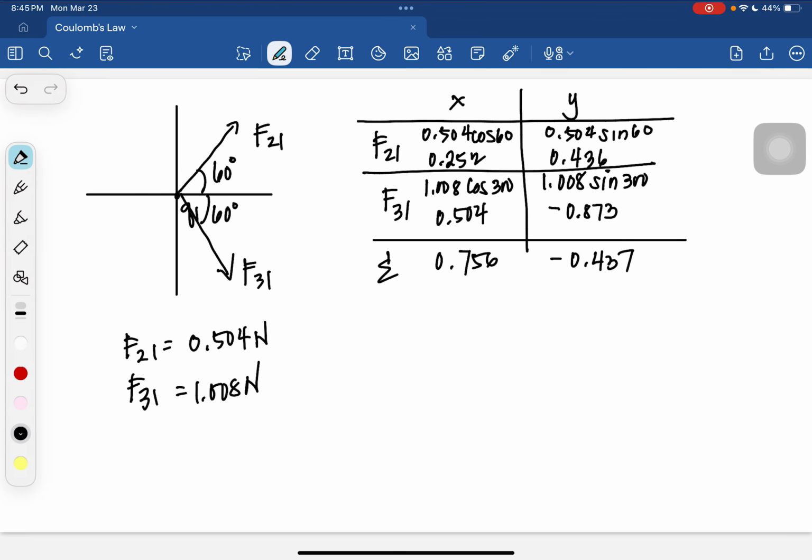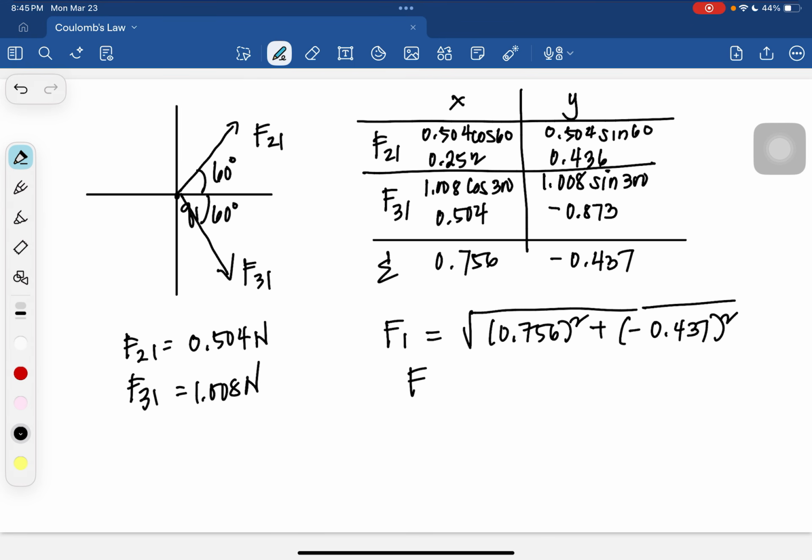Okay, and to get F1, it is equal to the square root of 0.756 squared plus negative 0.437 squared. We're getting 0.87. Okay, that will be the magnitude.